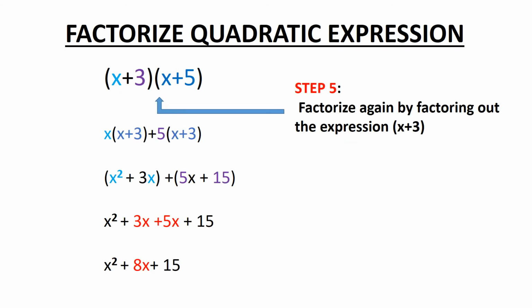At this point, we go ahead and factorize again. In this case, our highest common factor is x plus 3. So I will divide x times x plus 3 by x plus 3. When I divide x times x plus 3 by x plus 3, my result is x.